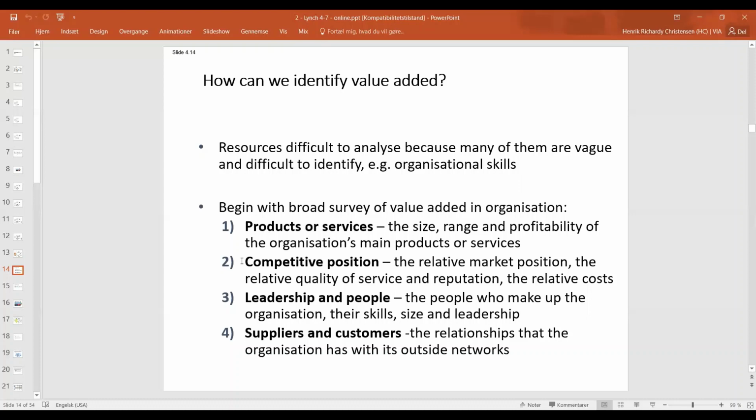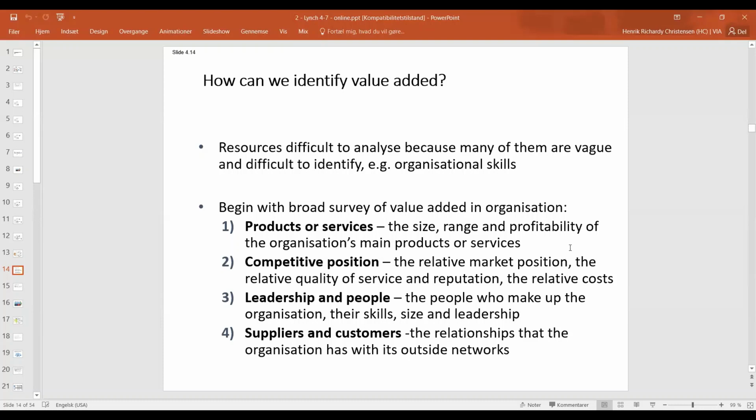Then we have the competitive position. He suggests, okay, if we want to understand our own position, then try to look into our relative market position. And relative market position could here be understood by, are we stronger or weaker than our competitors? What kind of position do we have in the marketplace? What do customers say about us?